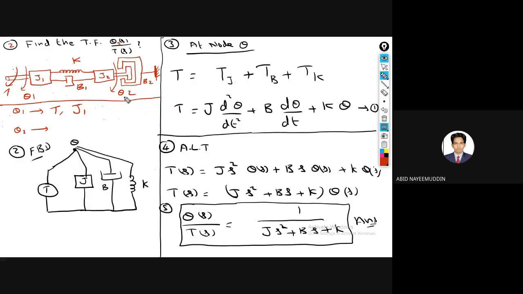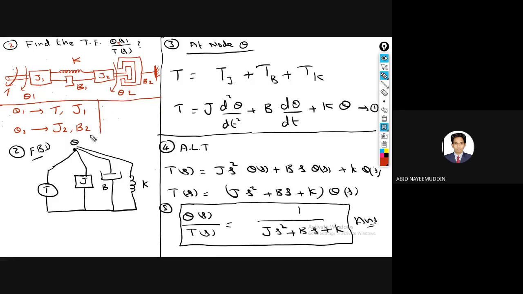Now coming to theta 2, the elements connected to theta 2 are J2 and B2. If you observe, B2's other end is connected to ground, and J2's other end is connected towards theta 1, but you can't consider the mass elements as a common element. Hence J2 is taken separately, along with B2.